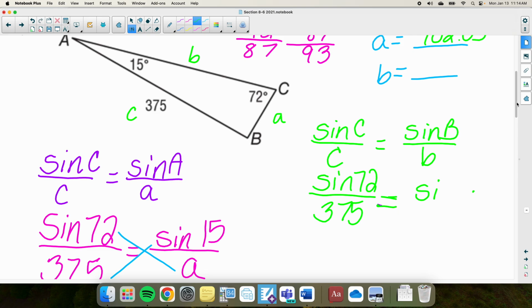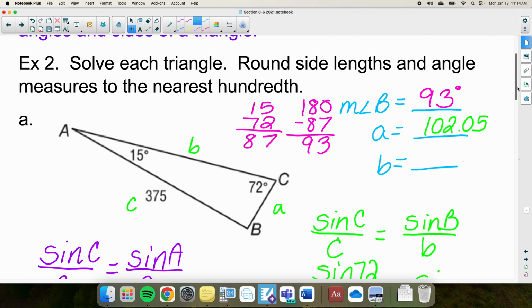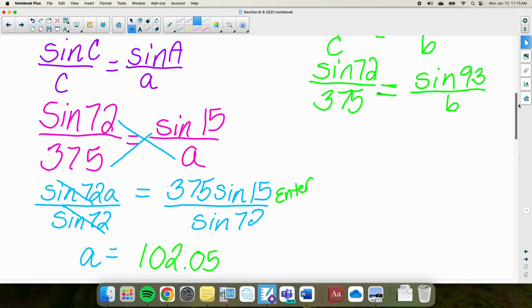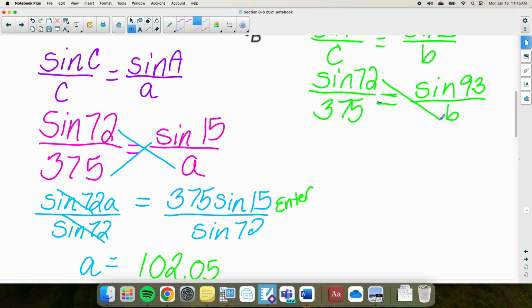Sine of b is what we're looking for here. Or no. Actually, I'm lying. Sine of b is 93. We found that. So we're going to put that in. So it's going to be sine of 93 over little b is what we're looking for. And then we're going to do the same thing with cross products. So we're going to multiply these two, and I have sine of 72b equals these two multiplied, 375 sine 93.